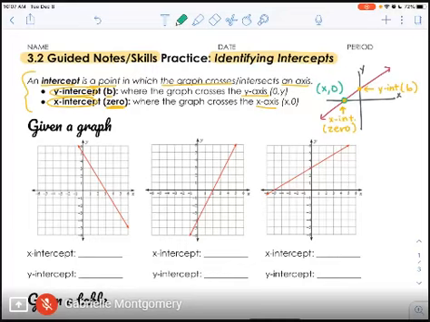And that's a really important idea that's going to help us solve as we go on today. Similarly, the y-intercept is at the point (0, y). The x value is 0. So when we have an x-intercept, the y value is 0, and when we have a y-intercept, the x value is 0.